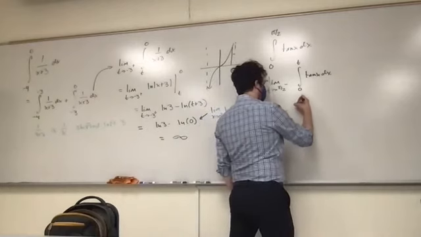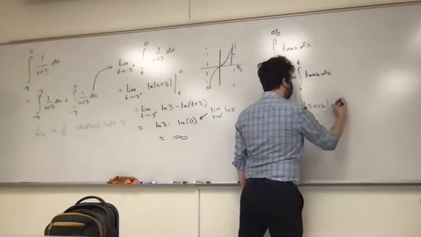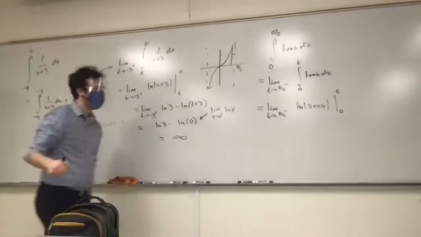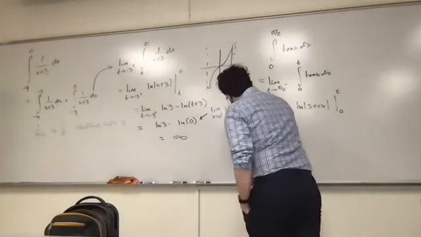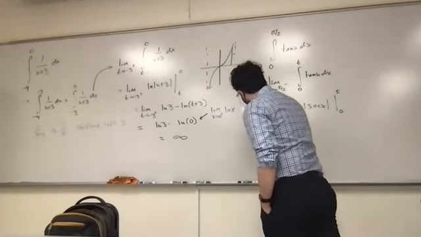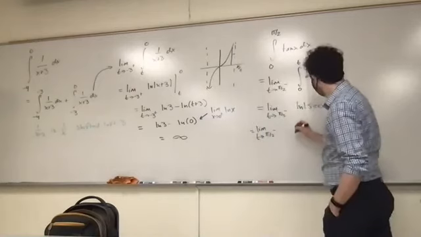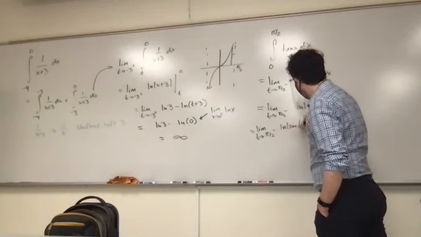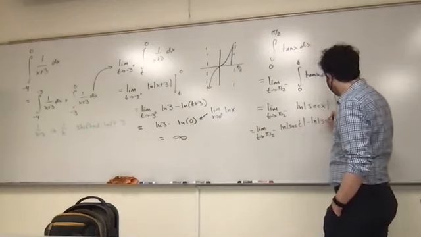This is the natural log of secant, going from 0 up to t. Stuff those things in, evaluate. Limit as t goes to pi over 2 from the left of the natural log of secant of t minus the natural log of the secant of 0.